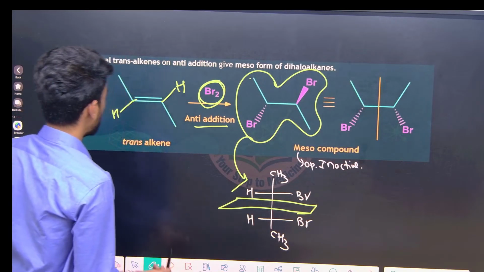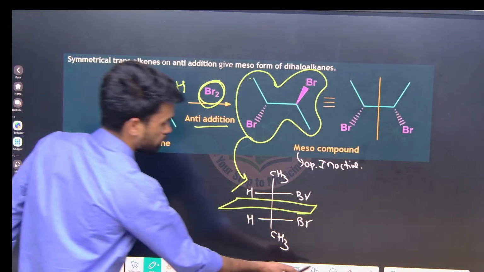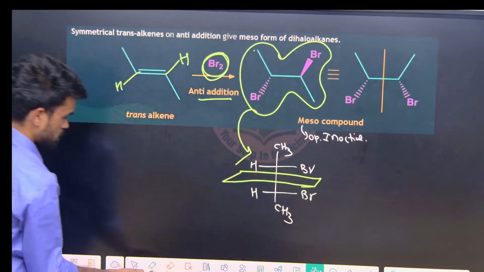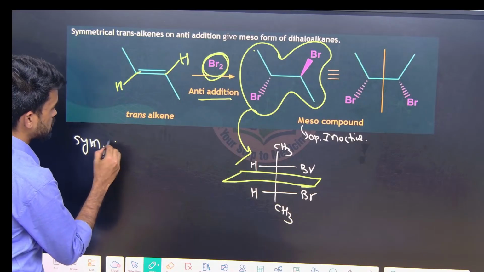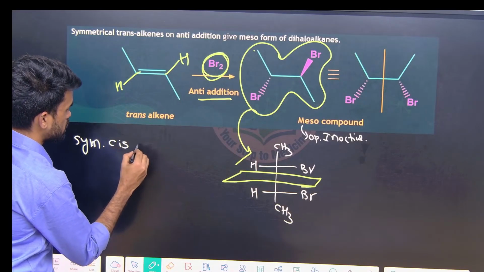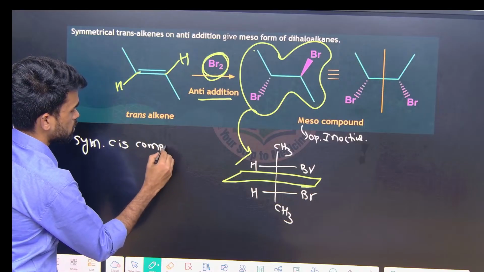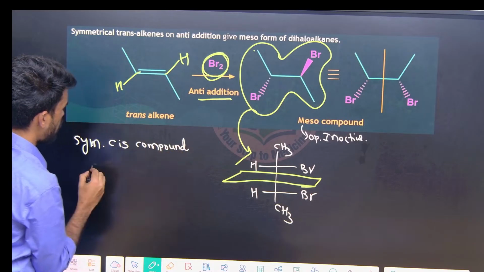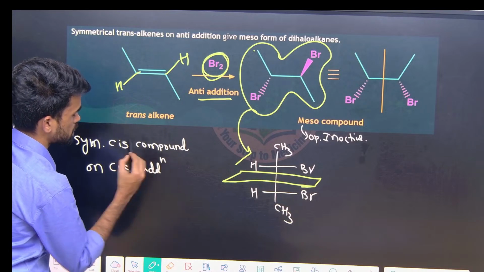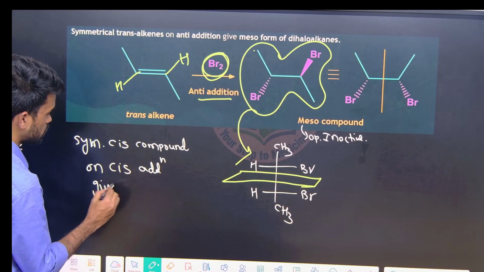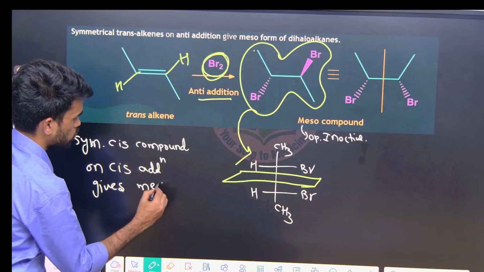Okay, so now I will be making some statements. Please remember this. Whatever I am writing: symmetrical cis compound on cis addition gives meso.